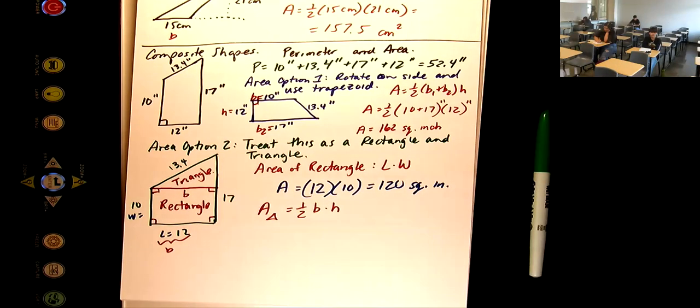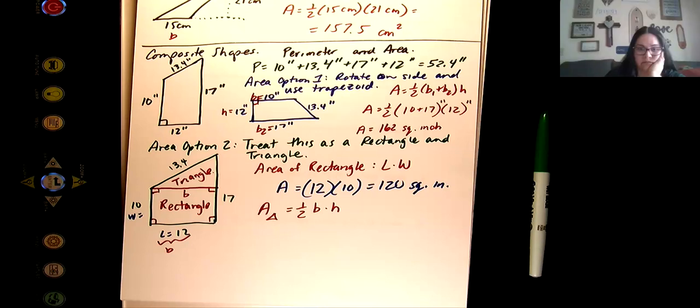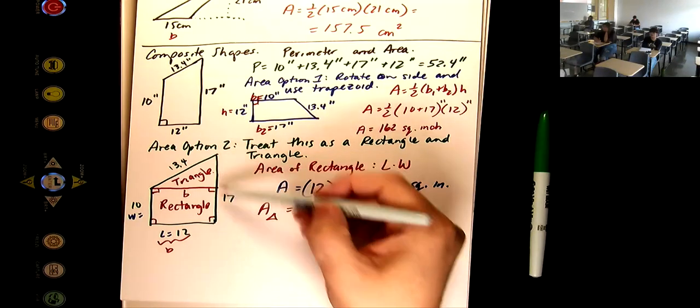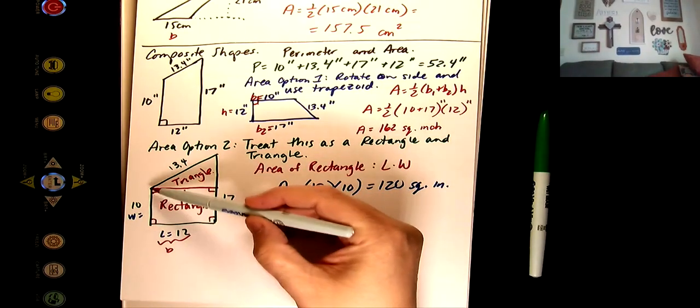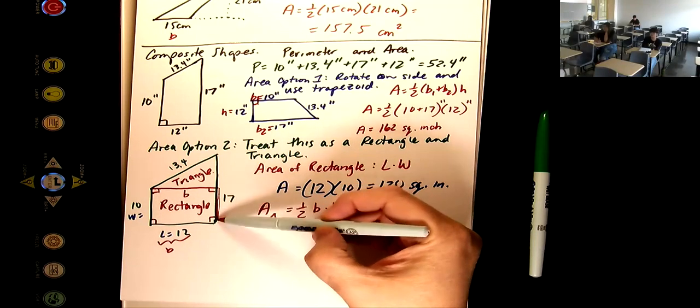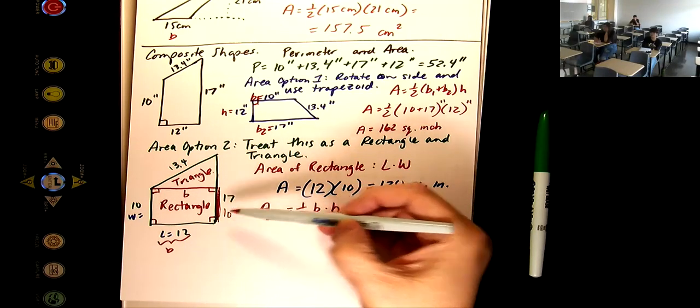What's my height? 17? No, 10? No. You guys are barking up the right tree. 17 is the full length of this line right here. 10 is the length right here, but that matches up with this right here. This part's 10 as well.